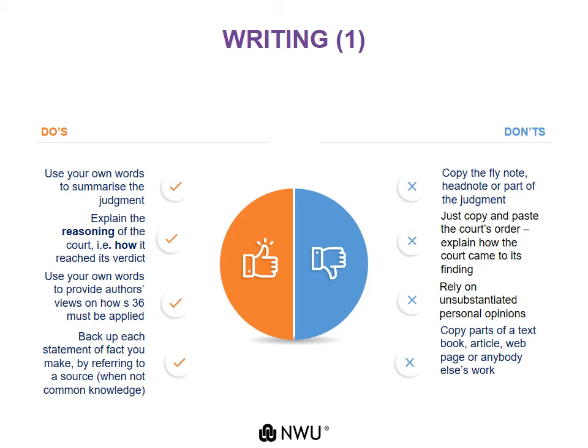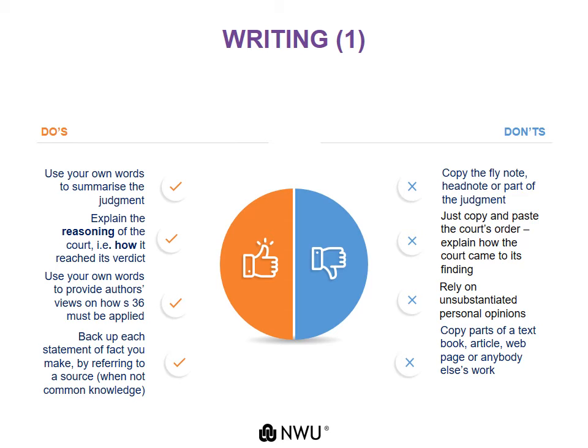Don't just rely on unsubstantiated personal opinions. Use your sources. You have to demonstrate that you can find and use legal sources appropriately, and do that. How do you demonstrate it? By actually referring to those sources. On the matter of reference, you need to back up each statement of fact that you make by referring to a source.